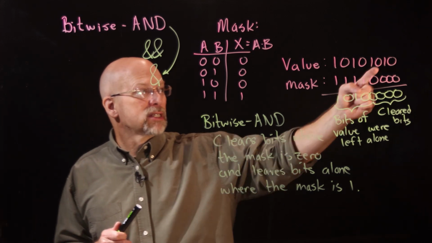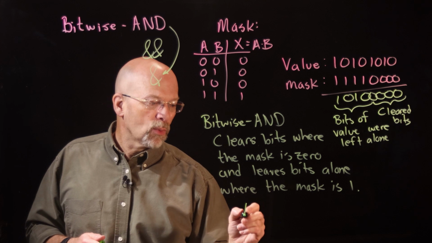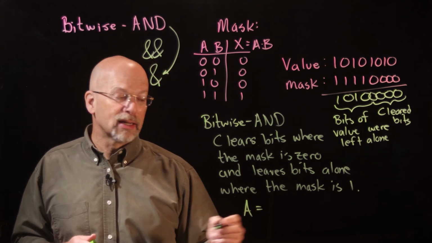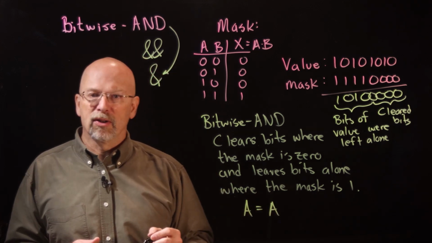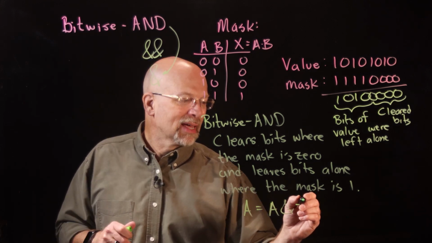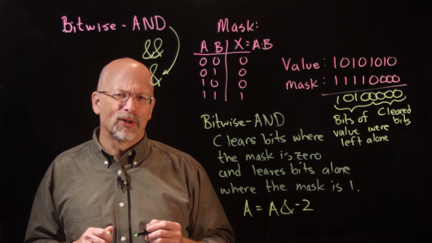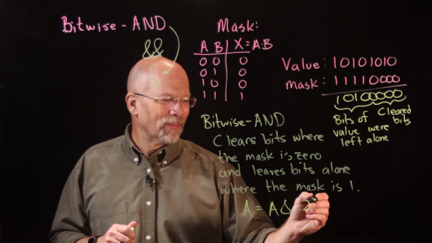The way is that we could clear the least significant bit. So let's say that we have a random number that's been generated, just called A. If I AND it with -2. What is -2?